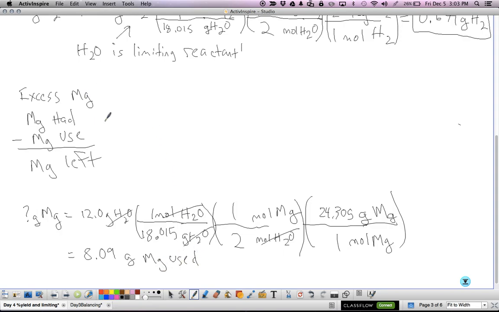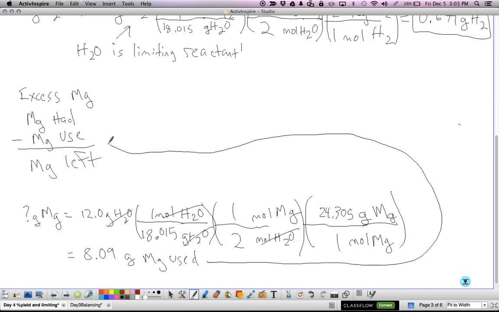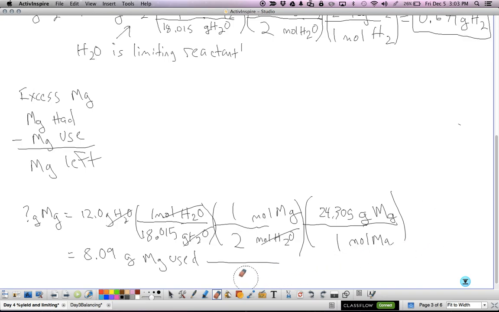Okay, so now I'm ready to plug some stuff in, right? I can put that in right there, but I actually want to do this up there, so whoops-a-daisy. All right, so the magnesium that I started with was 16.2 grams. That was given in the problem.